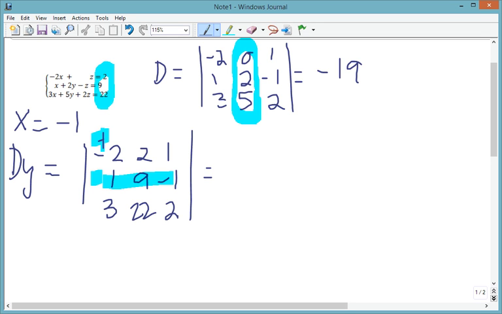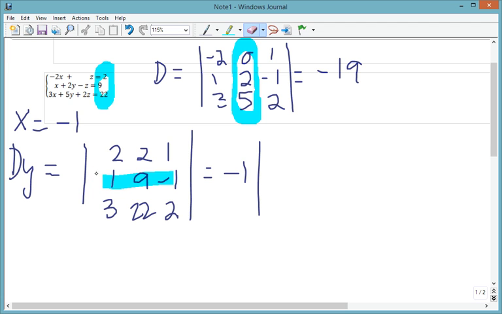All right, so that means that I have a negative, I'm subtracting 1 times the cross off of the row and the column with the 1, and I would be left with 2, 1, 22, 2.